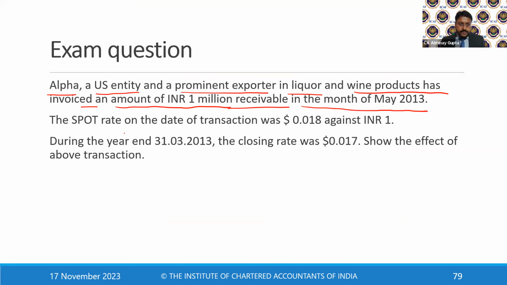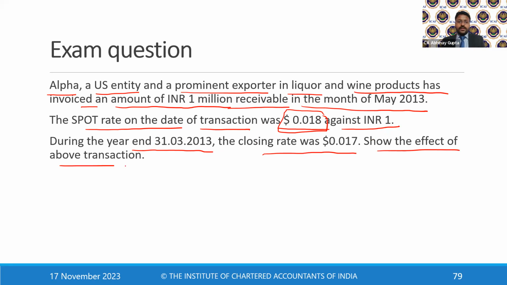The spot rate on the date of the transaction was $0.018 against INR 1. So for 1 rupee INR, this much is the dollar, right? During the year end 31st March 2013, the closing rate was this much. Show the effect of the above transaction.